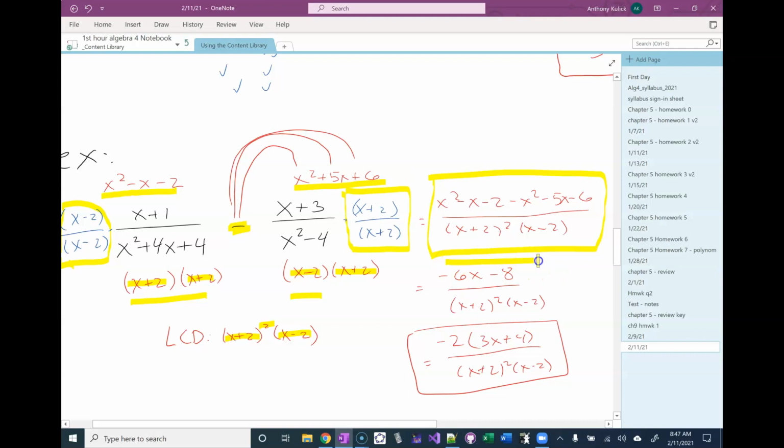That gets me here. I then checked to see if I could reduce by factoring the numerator. The only thing I could do in the numerator was take out a greatest common factor of negative 2, but that still didn't get me any pieces that could reduce. So I stopped here as my final answer. Questions?